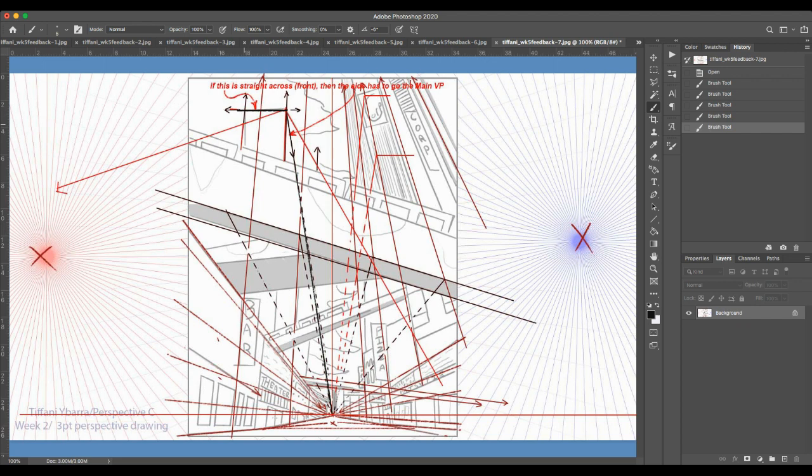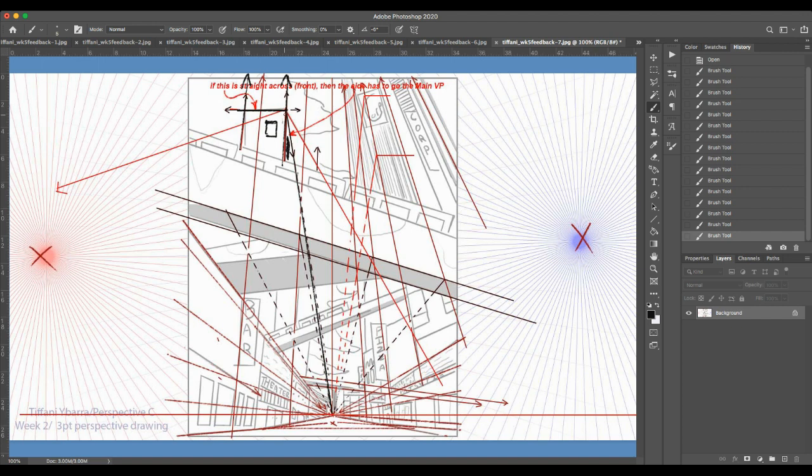And you've got these two wedges. They are going up, and they are going to a VP above, which is fine. You kind of got those working, I think, right? So the same thing would happen. A window here would work like that. A window on the side of the building would get really foreshortened. You could hardly see it.